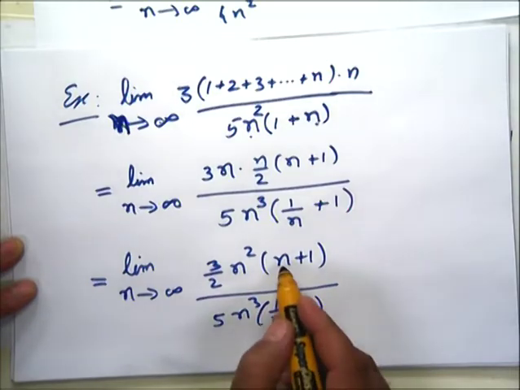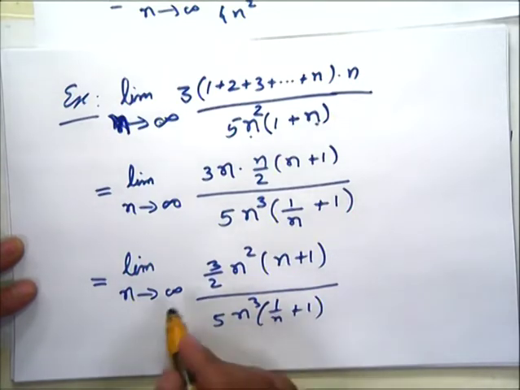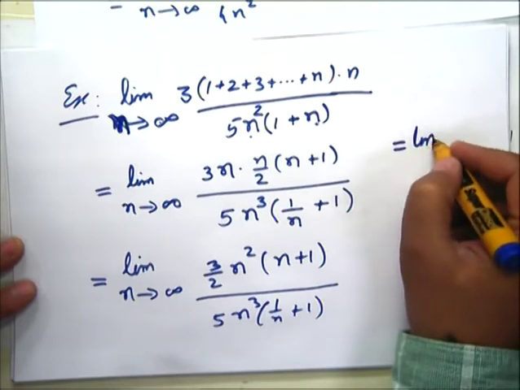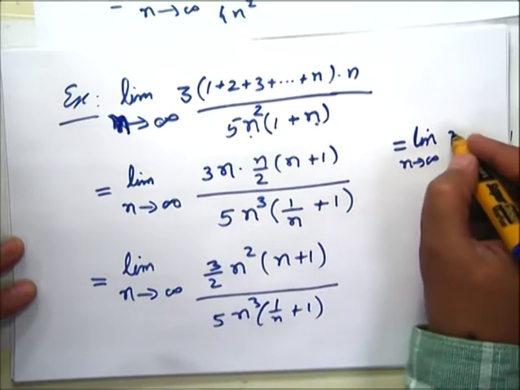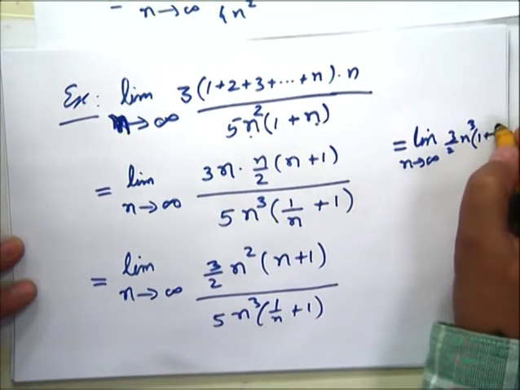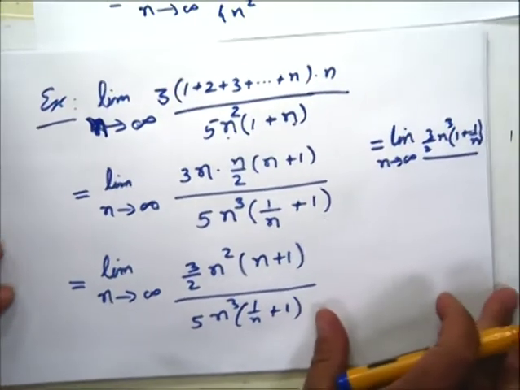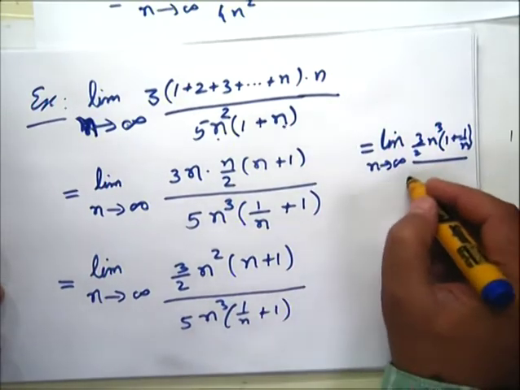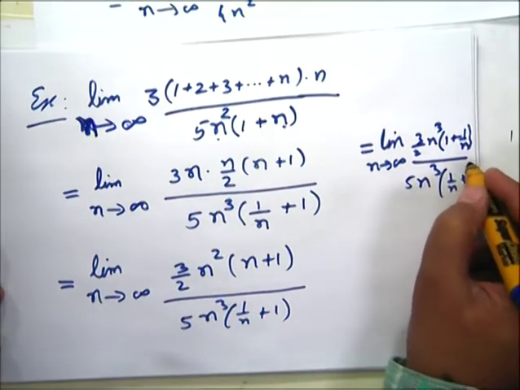Now we will use this n again and take it out of this bracket. So this is equal to limit n tends to infinity, 3 by 2 n cube, 1 plus 1 upon n, upon 5 n cube, 1 upon n plus 1.